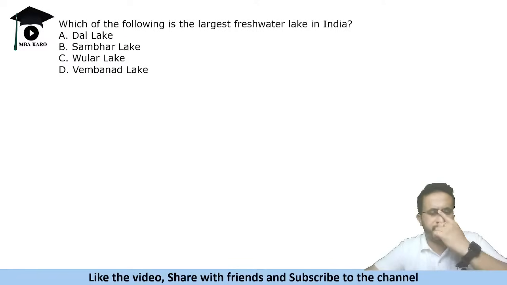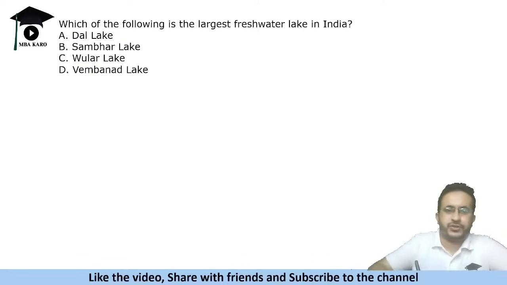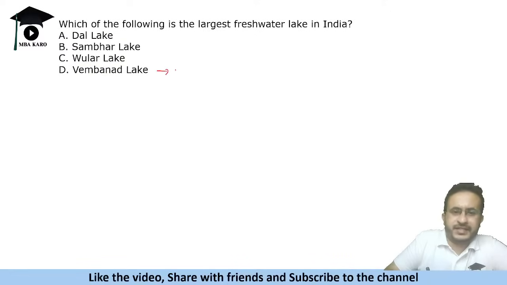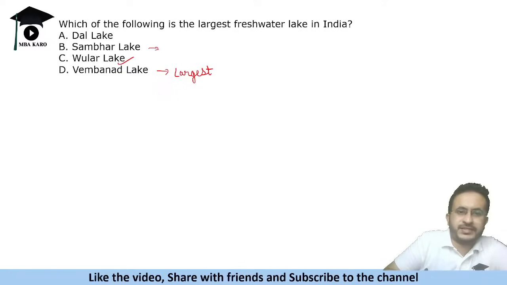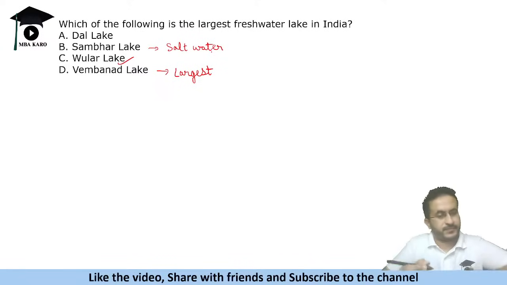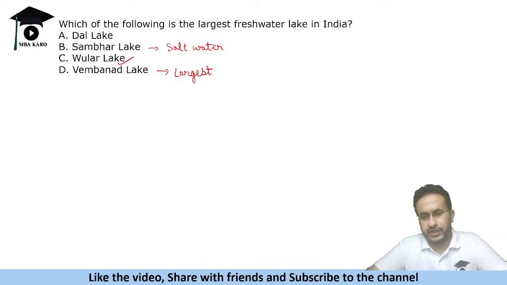If you talk about the largest lake overall, that is a different one. Among freshwater lakes, the largest is Wular Lake. Sambar Lake is the largest salt water lake. So the right answer is Wular Lake.